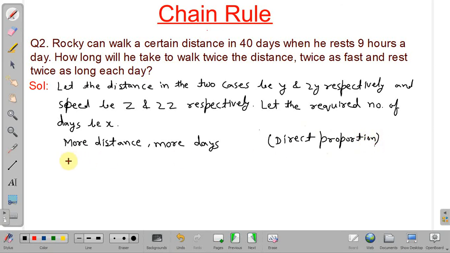Similarly, with respect to speed, when speed is more, time taken will be less. More speed, less number of days, so it is in indirect proportion.